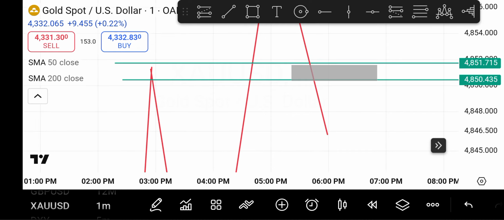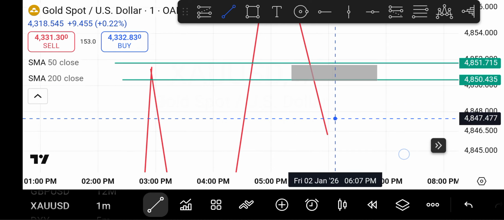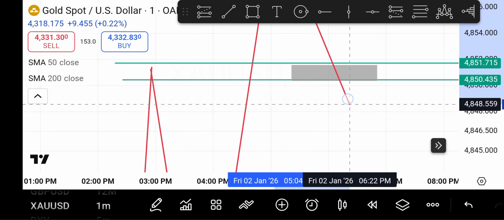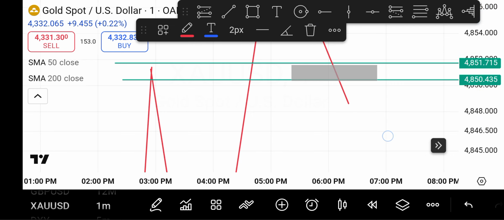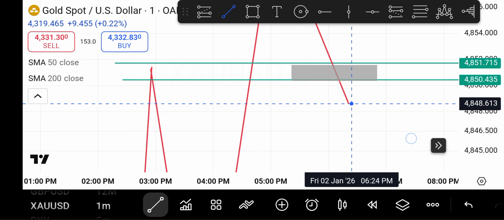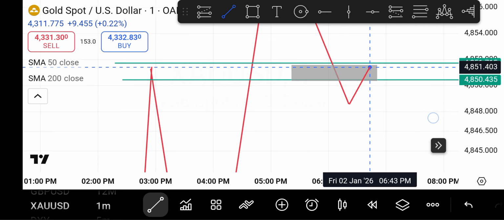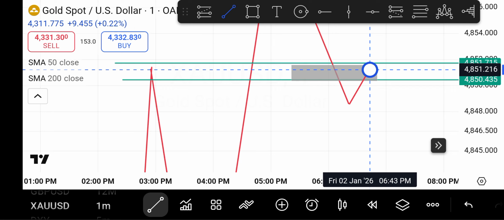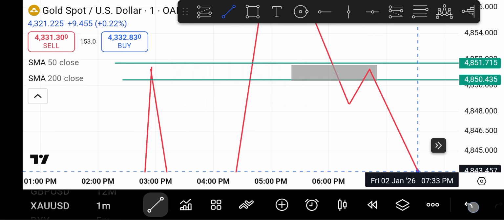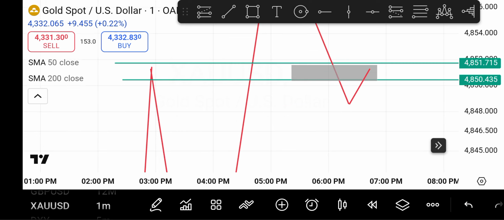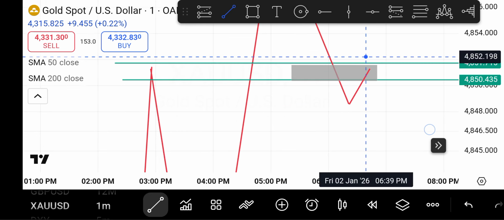The next thing that you should be looking for is for the price to come back to the zone to take back the liquidity here before going back to the original direction, which is the downside. Sorry, let me mark that one for you.